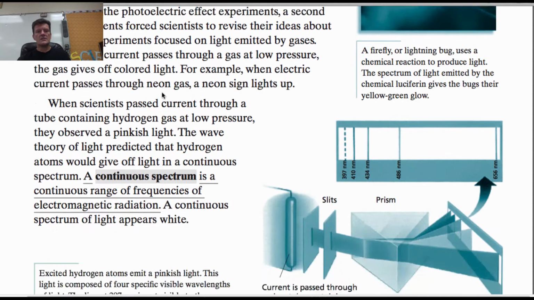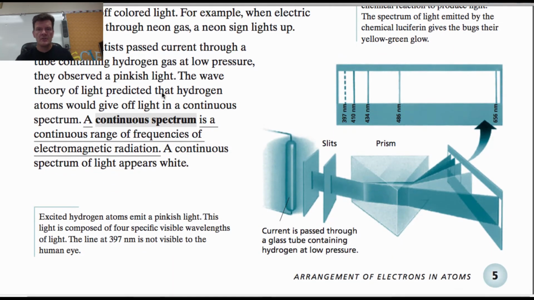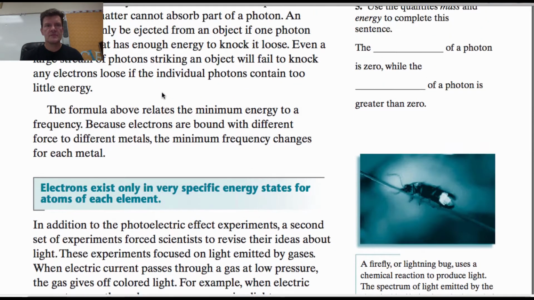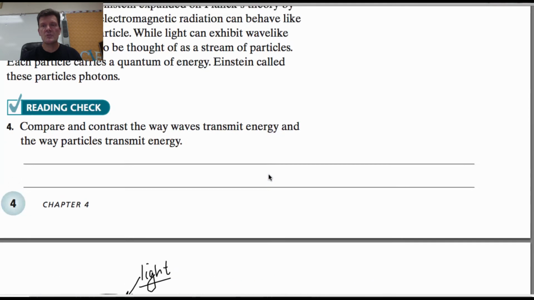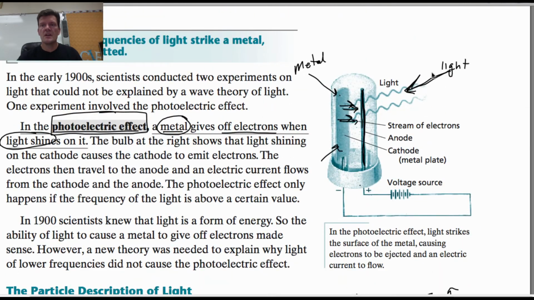Now, here's what they discovered. Electrons exist only in very specific energy states or energy levels. So I'm going to go back up to my experiment here. They would shine light on this, and if the light didn't have enough energy, no electrons would be emitted. Nothing. So they try higher energy light, and still maybe nothing was emitted.